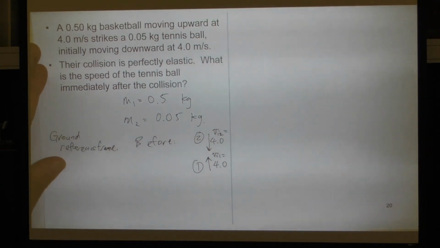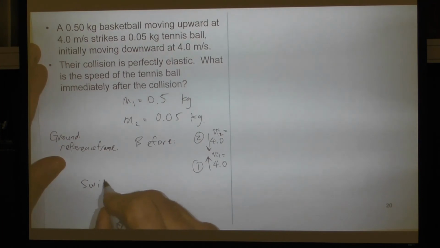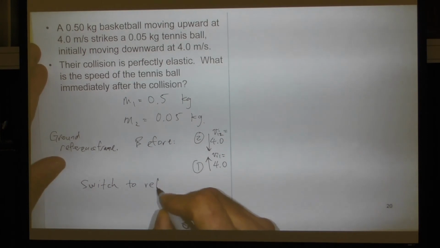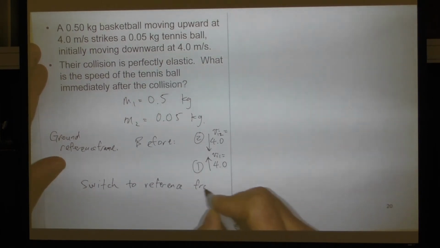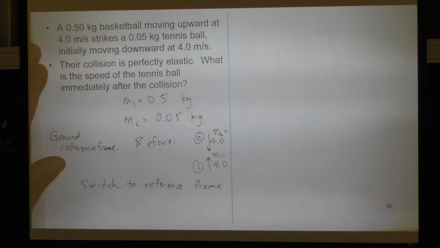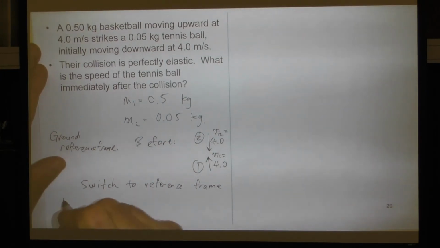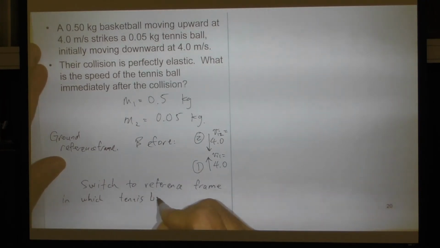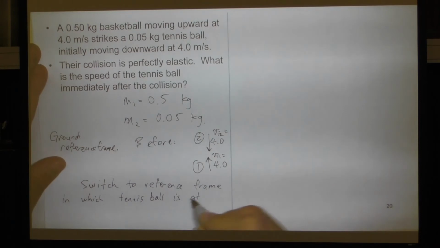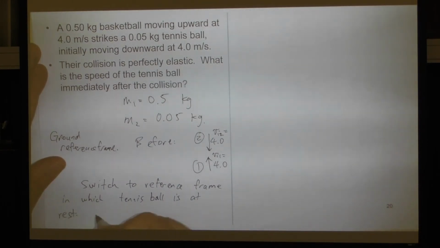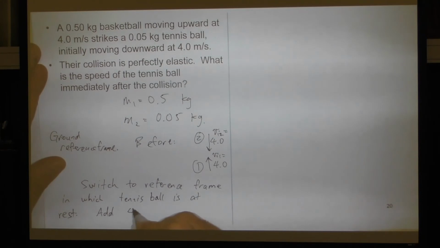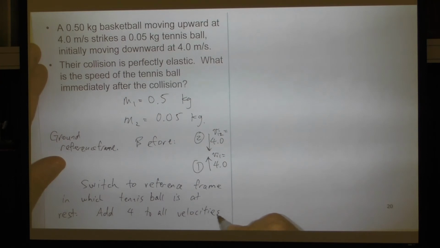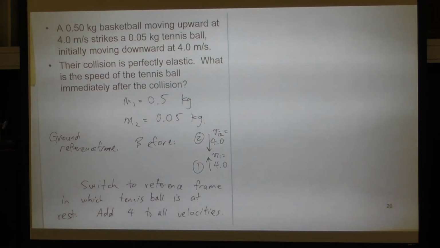Then I'm going to switch to the reference frame in which ball 2, the tennis ball, is at rest, because the equation that I like to use, I don't like to have ball 2 have an initial velocity. What I'm going to do there is add 4 to all velocities. Then I have to remember to subtract 4 from all the velocities at the end to get back to the ground frame.